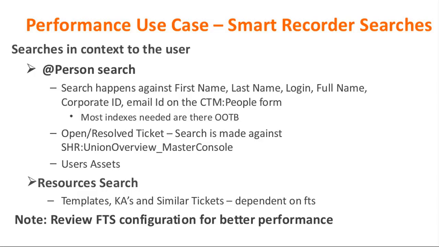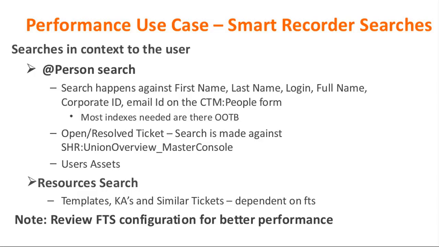In most cases, the issue was related to the indexes. Once the indexes were added, the data returned faster. Again, these index recommendations are documented on the documentation website, and you can refer to that. Make sure you have the right indexes if you're experiencing slowness in this area.